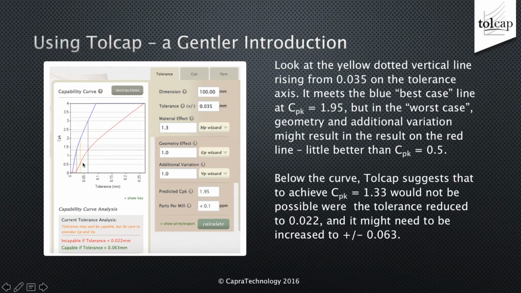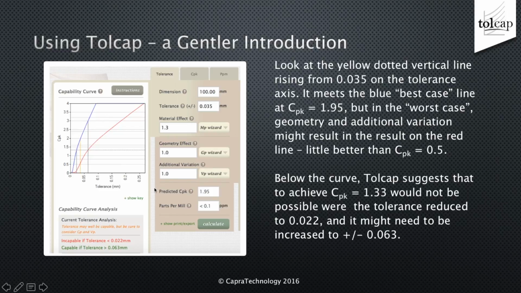The script below the curve suggests that to achieve CPK equals 1.33 would not be possible with a tolerance reduced below 0.22 millimeters, and might need to be increased to 0.63 millimeters, because that's where the red worst case line crosses CPK equals 1.33.